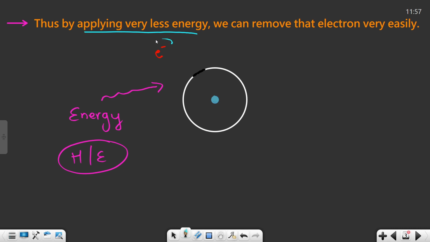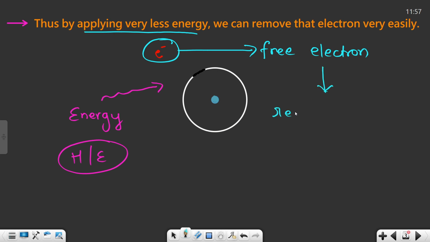So you see this particular electron, now it is a free electron, and this electron only is responsible to conduct or to transfer the heat or electricity. We'll see that, don't worry about that. I hope you are able to understand this entire scenario.